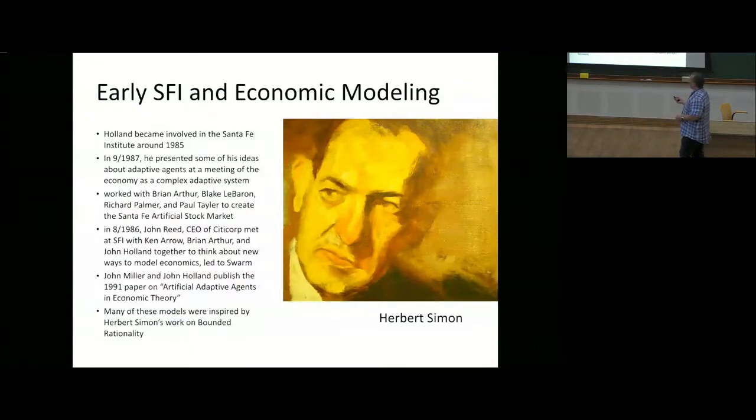And Holland became involved in something called the Santa Fe Institute, which is probably the premier research institute on complexity, around 1985. He was one of the founders and original members of that organization.